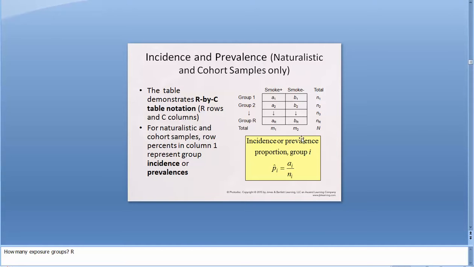So it will be A1 over N1, A2 over N2, and so forth. If I introduce this subscript i to denote a group, then for the group i, the incidence will be Ai divided by Ni. Of course, this is quite obvious, like with the numerical example before. So this is the formula: if you have a 2 by 2 table, and your exposure levels are in the rows, this is how you can calculate incidence or prevalence. Okay, let's go to the next one.